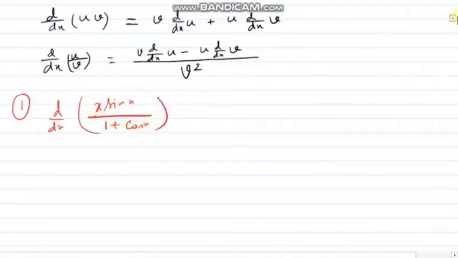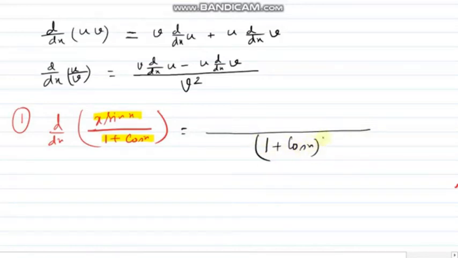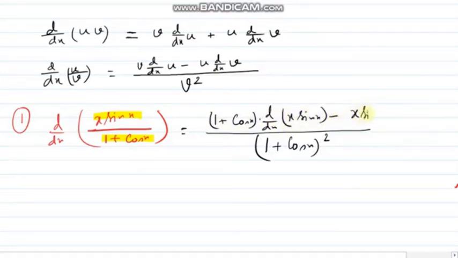So first thing we need to apply here is the division rule, that is u divided by v. The denominator will be v square, 1 plus cos x whole square, then v, 1 plus cos x, into d/dx of x sin x, minus u, which is x sin x, into d/dx of 1 plus cos x.